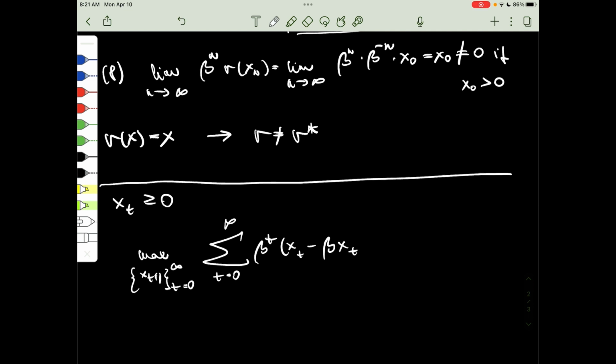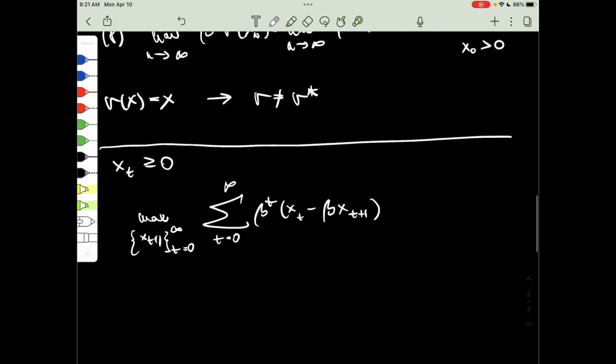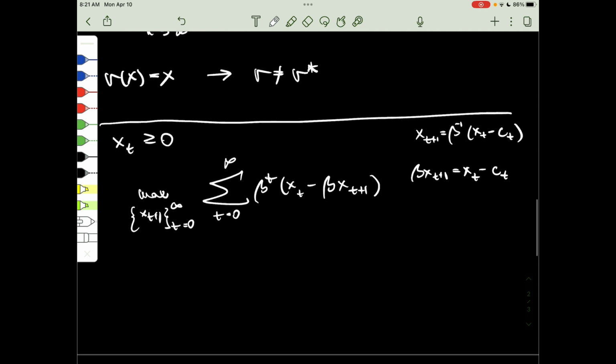Because saving is still possible. Okay, saving is still possible, so it's still true that the agent, by not consuming a portion of his wealth, can have some income from the interest rate. So it is still true.